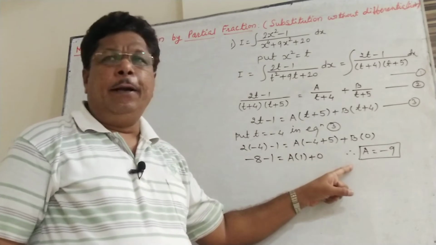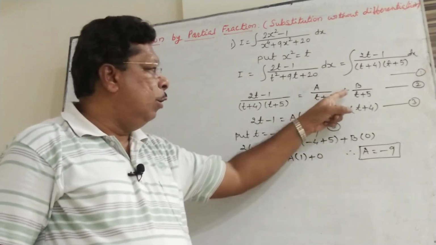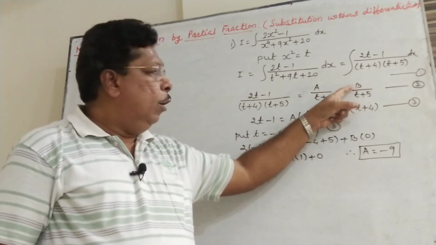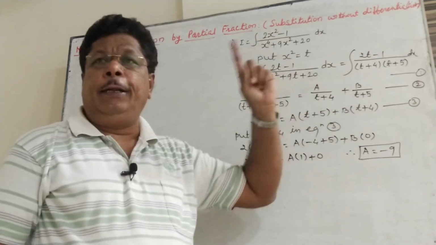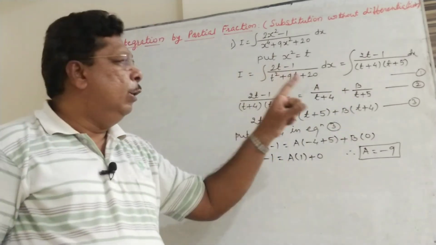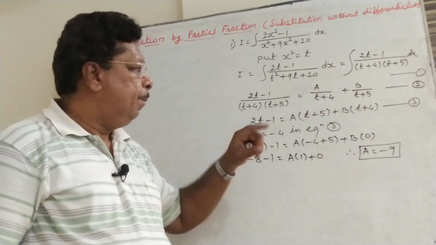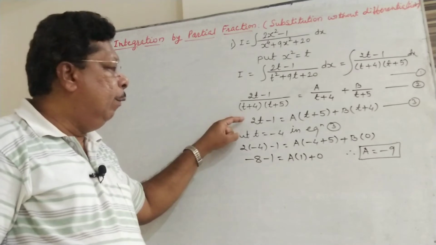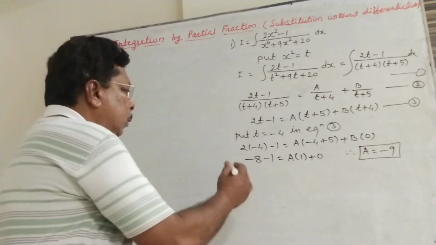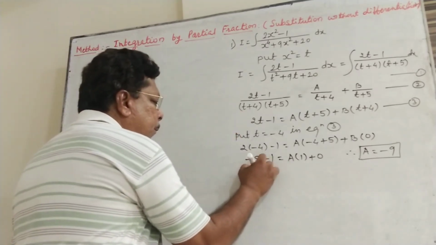In the similar manner, find partial fraction constant b. The denominator of b is t plus 5. So take t plus 5 equal to 0, you will get t equal to minus 5. Put t equal to minus 5 in equation 3 and you will get the value of b.